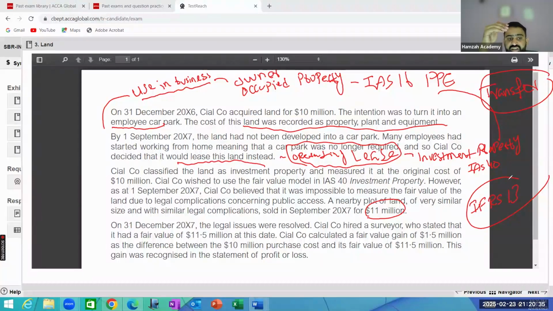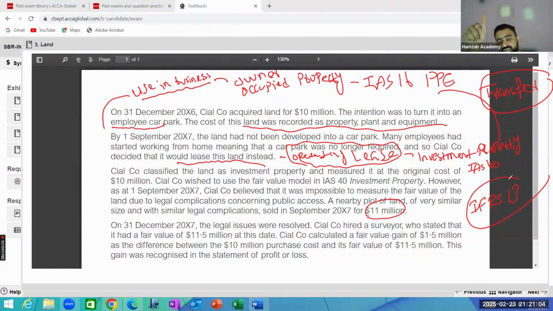As per IFRS 13, the fair value is not the entity-specific value, what the entity is taking. The fair value is the value coming from the market participant, and that is 11 million on 1st September. So the fair value is readily available. So on 1st September X7, this property should be measured at fair value of 11 million.